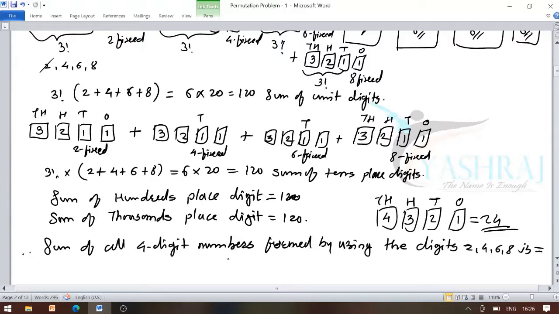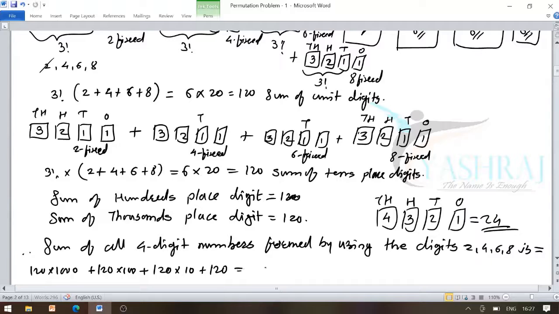As per the ones place digit summation, we have 120. The tens place digit summation is 120. Once it is at the tens place, we have to multiply it with 10. Sum of hundreds place digits, we have 120, so it should be multiplied with 100, once it is the 100 place summation. The sum of thousands place digits, we have 120, so 120 should be multiplied with 1000.